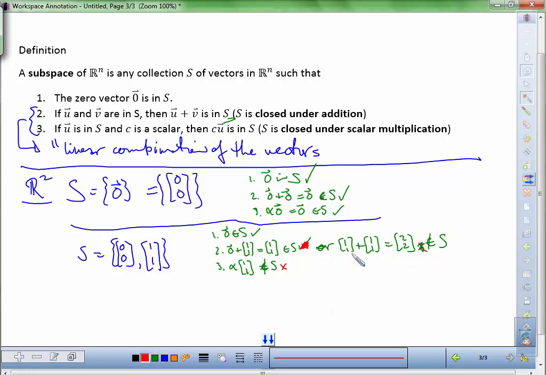We're checking to see if this is a subspace. Because according to this definition, if I take any two vectors, including repeats, and if I add them, I should still get a vector in that space. Oh, okay.